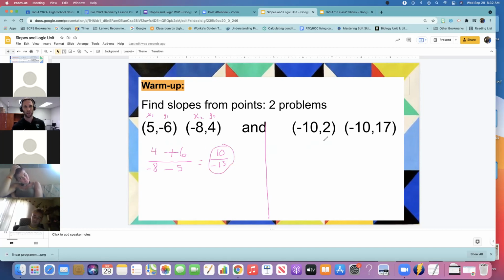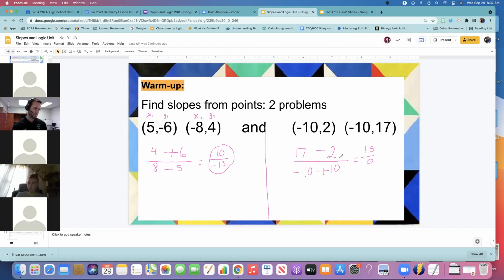What about this one? You've got 17 minus 2, and you've got -10 minus -10. So this changes to 15 over 0.